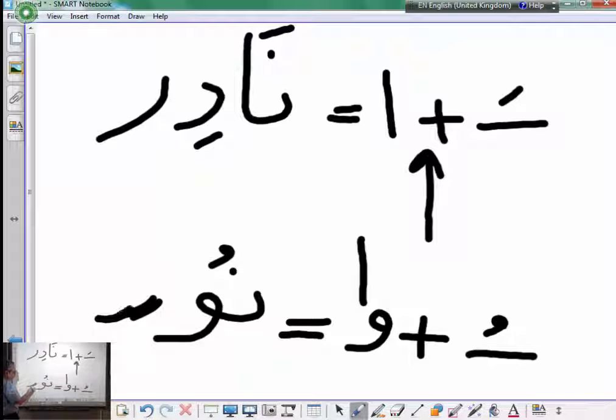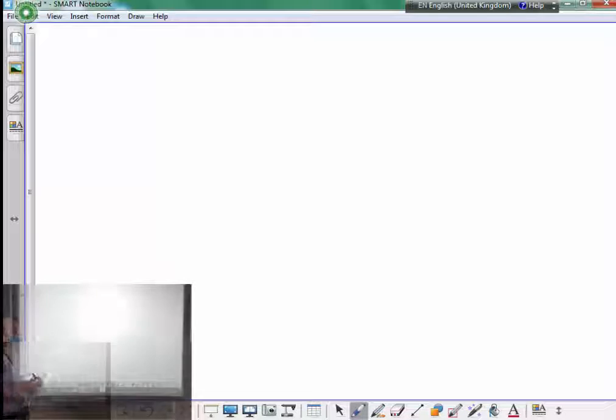As you see here, the long vowel oo should be preceded by dhamma to make it a long vowel. And here the alif usually is preceded by fatha to make it in the middle ah. And you can look at the last one.